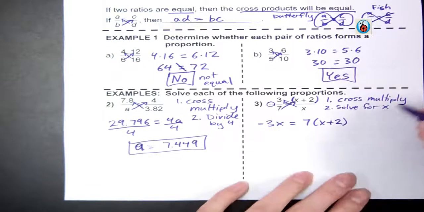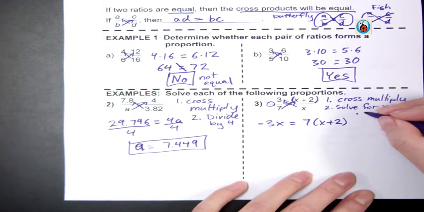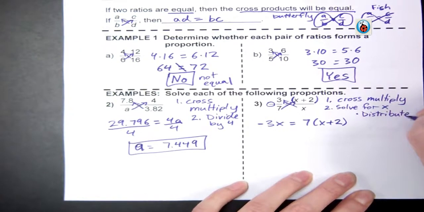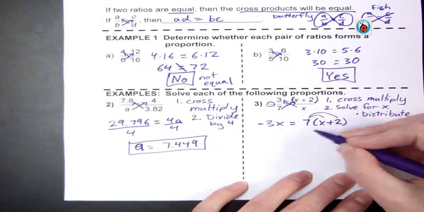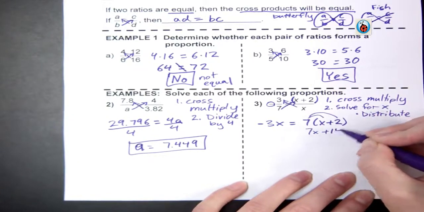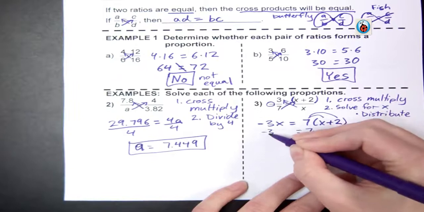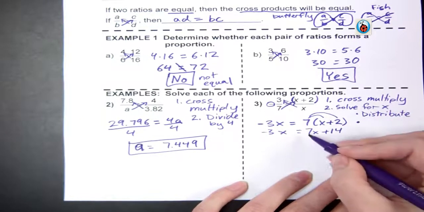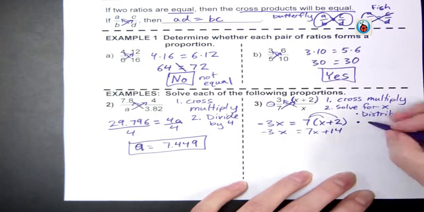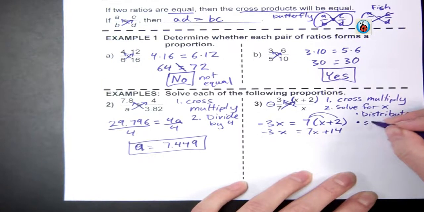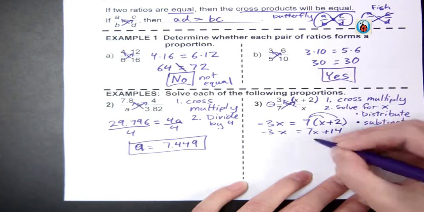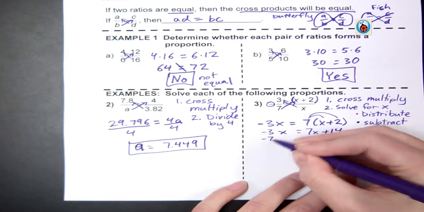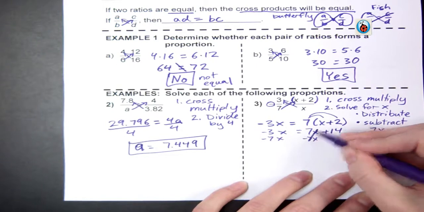And so our first step, anytime we're set up like this, would be to distribute. That gives me 7x plus 14. Still equals the negative 3x. Next, I need my letters on one side, numbers on the other side, so I will subtract 7x from both sides of the equal sign. That cancels out.